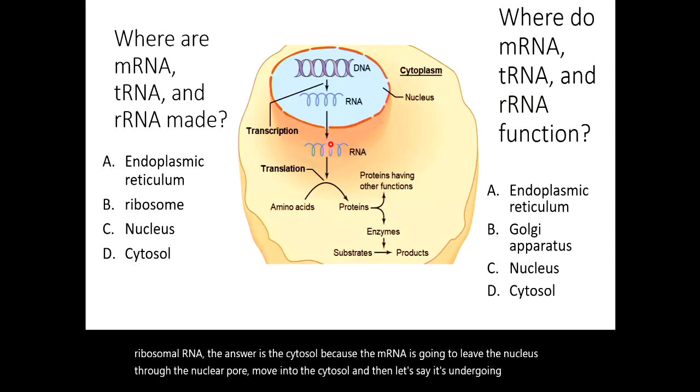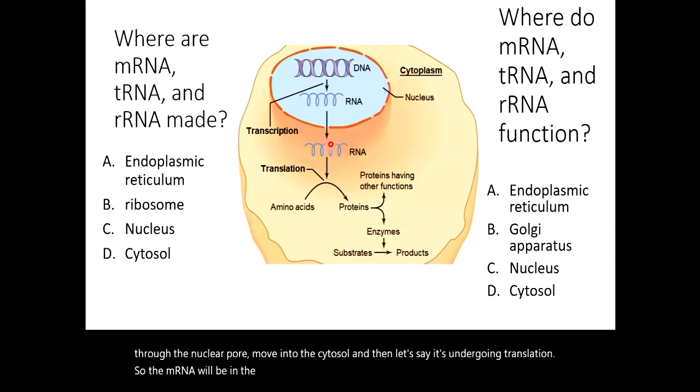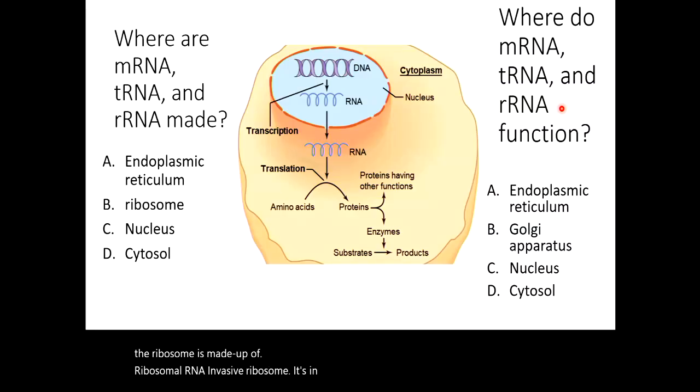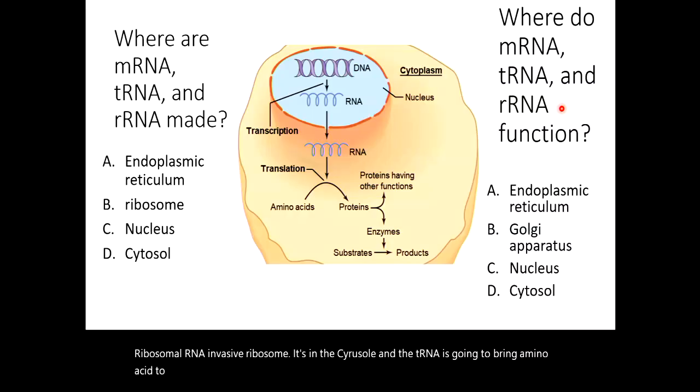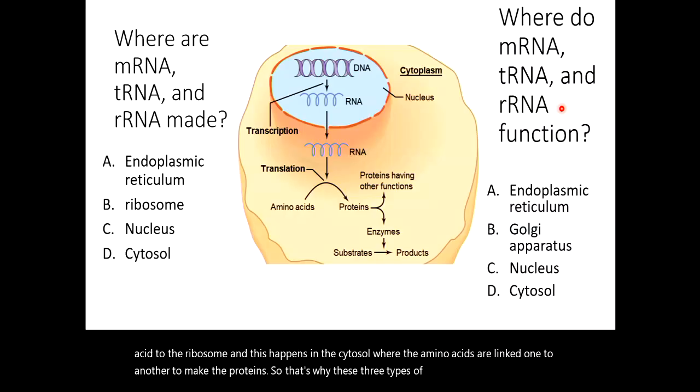So the mRNA will be in the cytosol for translation, and it's going to bind to the ribosome, and the ribosome is made up of ribosomal RNA. And where's the ribosome? It's in the cytosol. And the tRNA is going to bring amino acids to the ribosome, and this happens in the cytosol where the amino acids are linked one to another to make the proteins. Right? So that's why these three types of RNA will function in the cytosol.